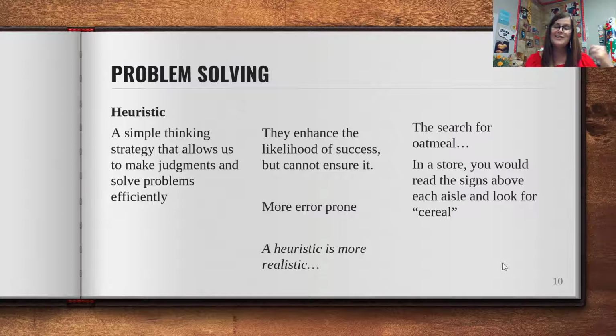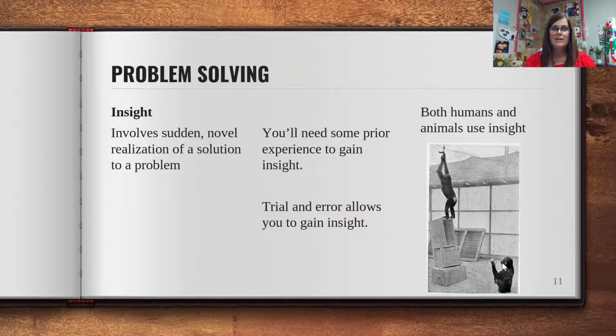So on that search for oatmeal, again at the grocery store, using a heuristic, you would be more likely to save time if you read the signs above each aisle and looked for cereal, because that is the concept of what oatmeal is.